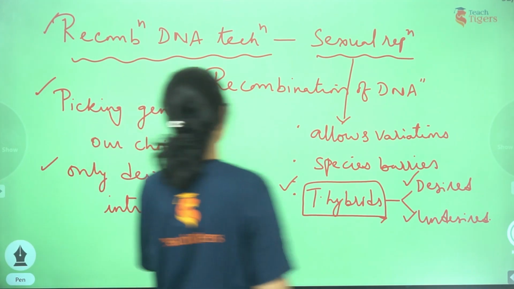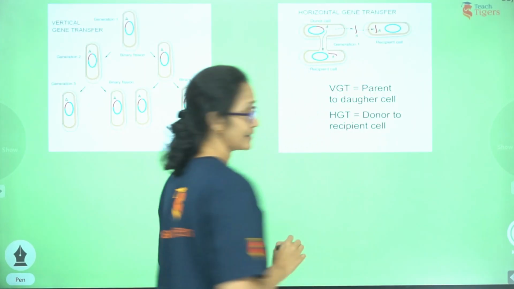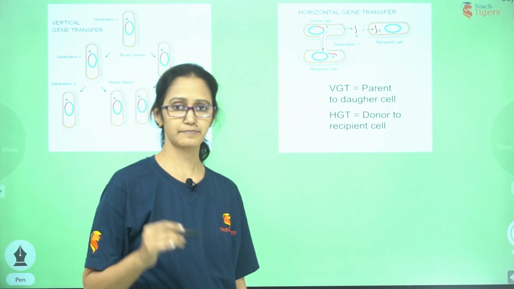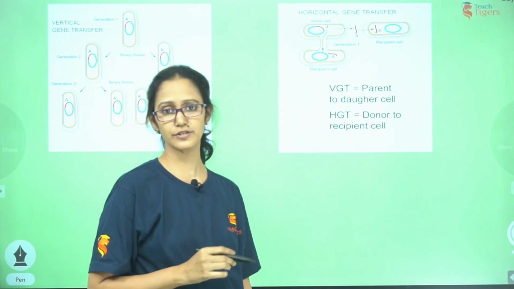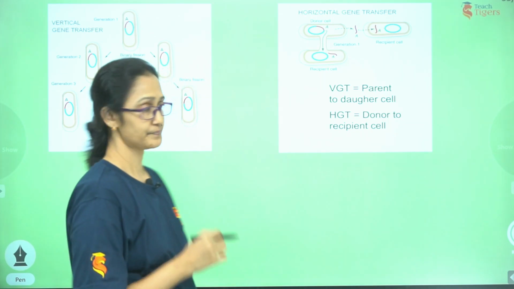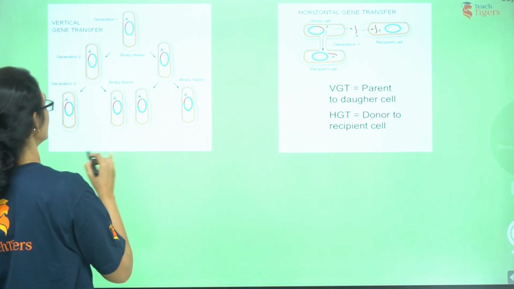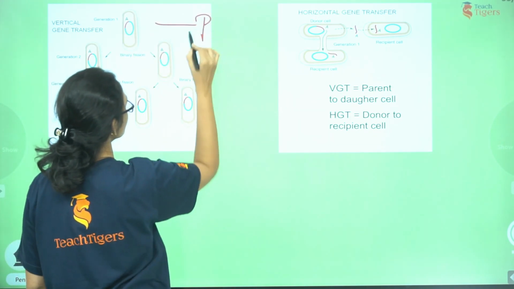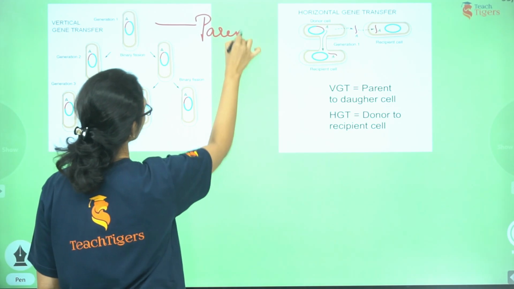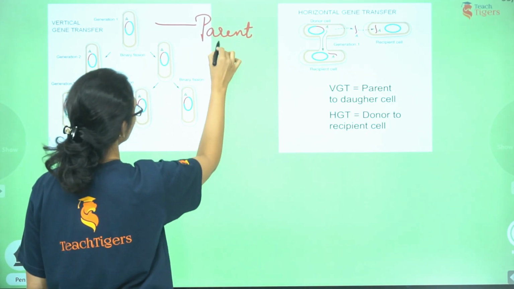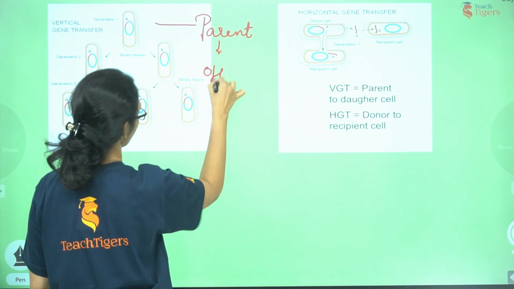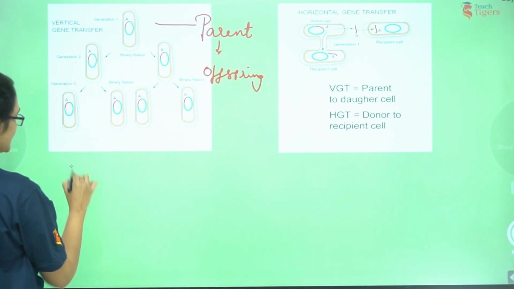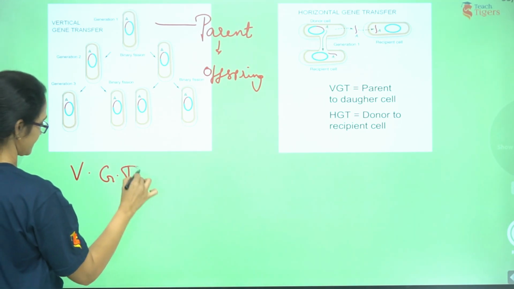Now, let us see what is the fate of an alien piece of DNA when introduced into the host organism. And before that, one more special feature I would like to tell you is that the kind of gene transfer that takes place from parent to offspring in natural sexual reproduction is called vertical gene transfer.